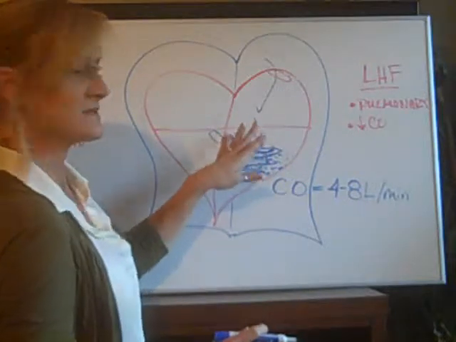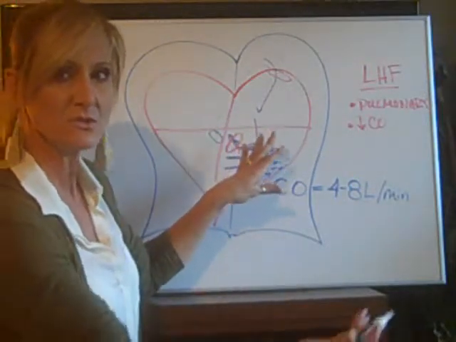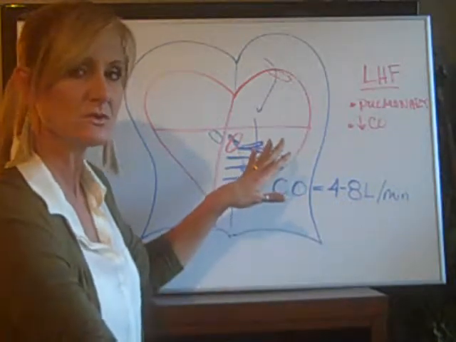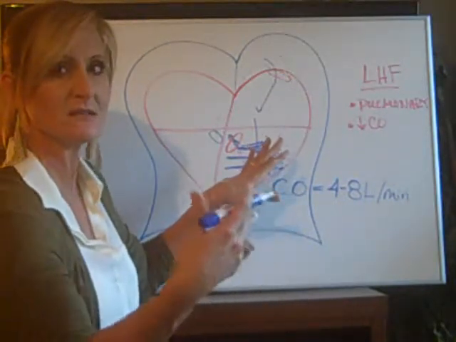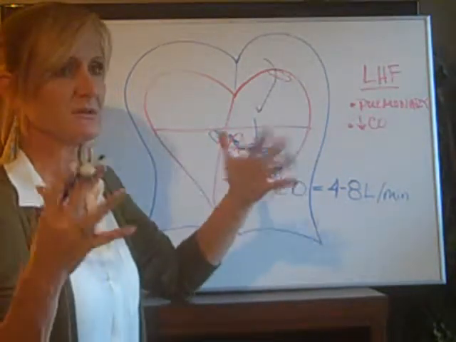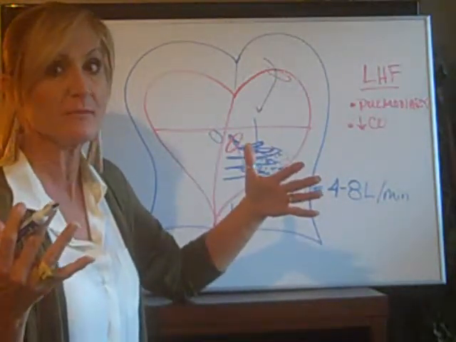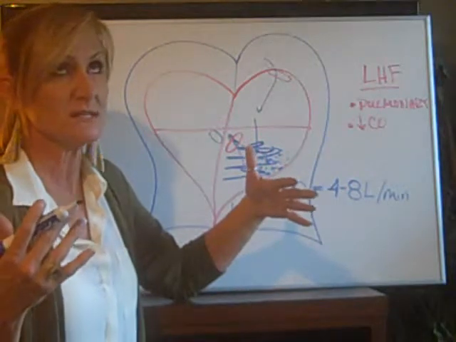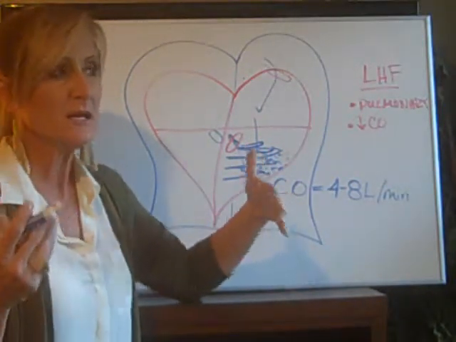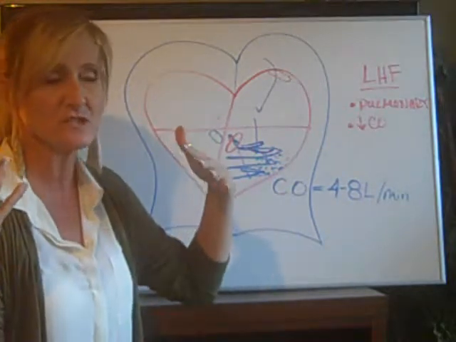So you're going to start seeing symptoms of a reduced cardiac output, reduced ejection fraction, reduced stroke volume. Whatever organ is waiting for the oxygen to show up, you're going to see problems. So you might see restlessness, confusion, irritability because the brain is not getting as much oxygen.